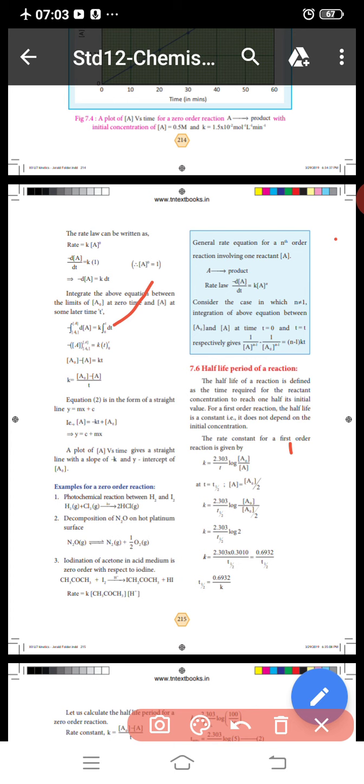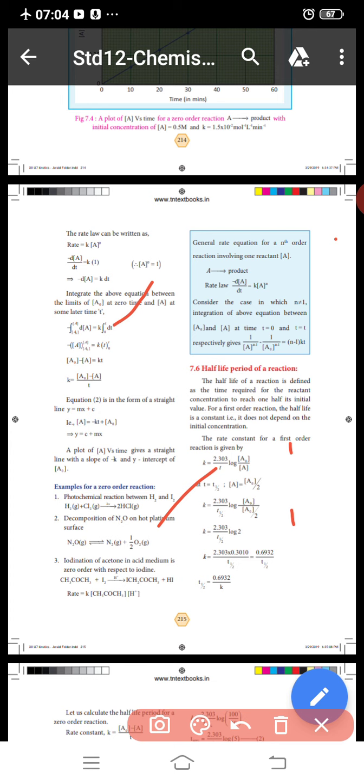For examples of zero order reactions: the photochemical reaction between H2 and Cl2, hydrogen added to chlorine, giving 2HCl, hydrochloric acid. Second, the decomposition of N2O on a hot platinum surface, N2O giving N2 and half oxygen.